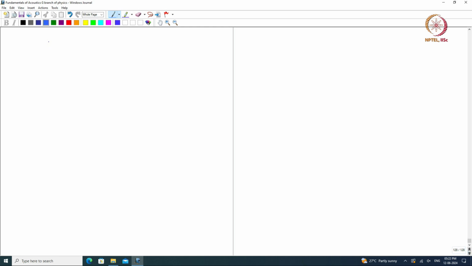So again we have a baffle and my piston is here, and then the baffle again over here. This is the piston axis or z axis. We are looking at an off axis point over here, and let me join these lines here.